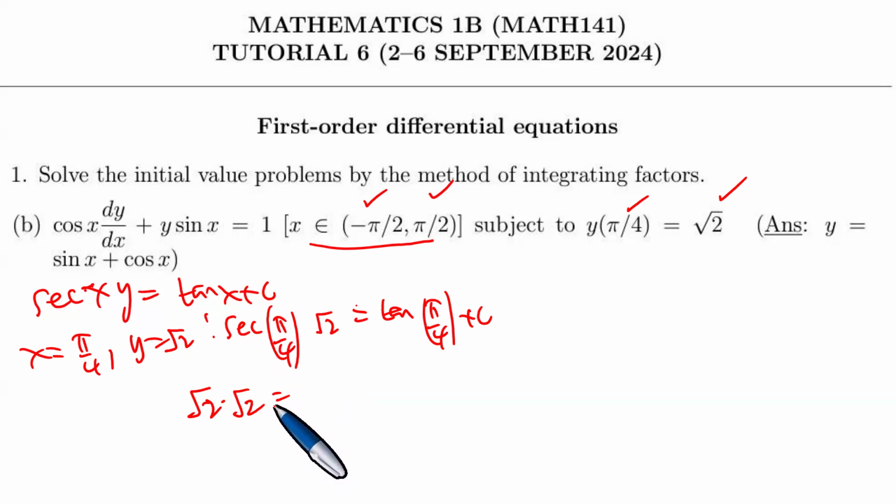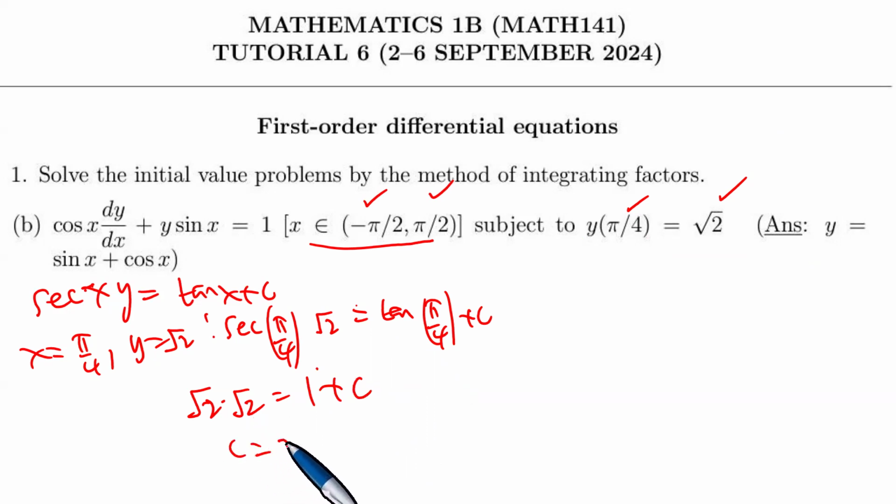Which is the square root of 2. All right, so the tan of this becomes 1.